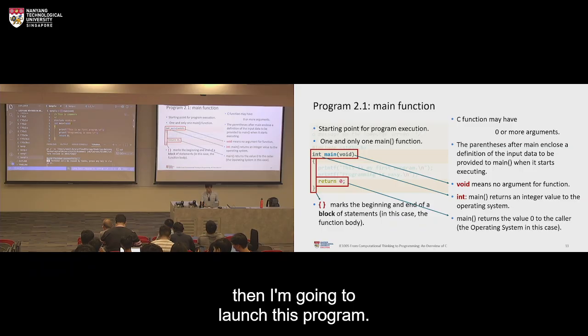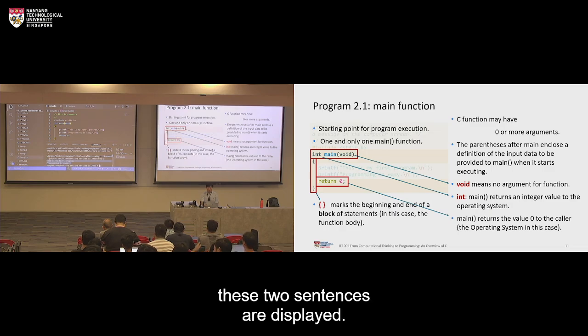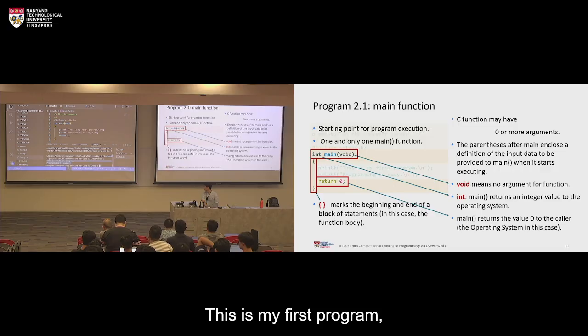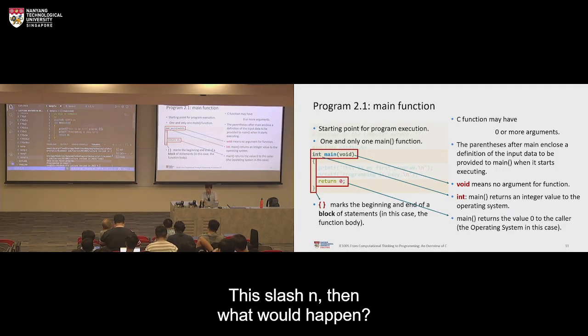Then I'm going to run this program. Run the code. And then, can you find these two sentences are displayed? This is my first program, and programming is easy. Okay, then coming back to this statement, let me delete this \n.